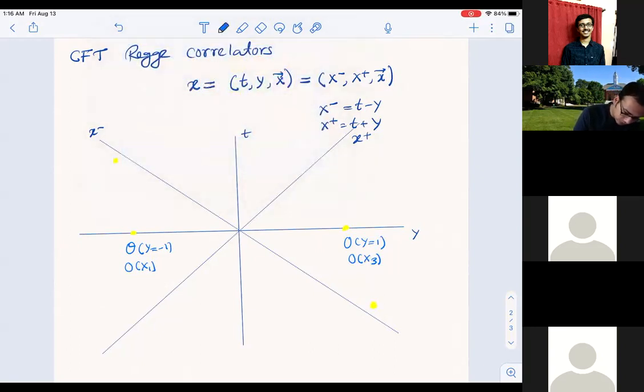So let me call this O at x2, O at x4. Let me also write down the x minus and x plus coordinates of these operators.